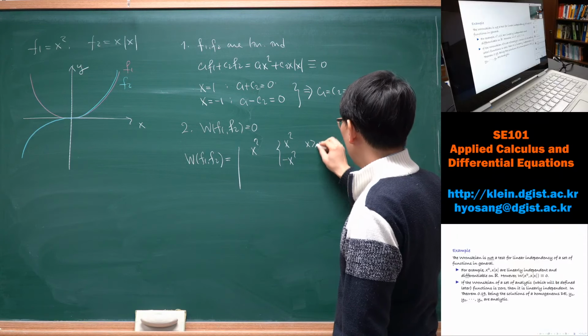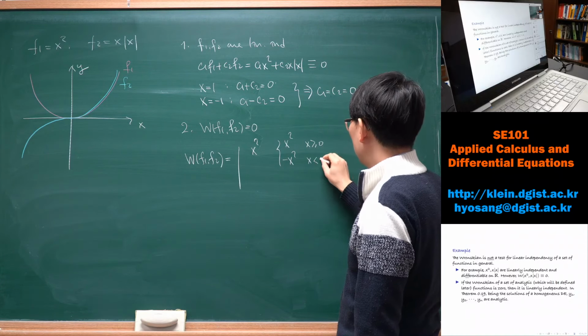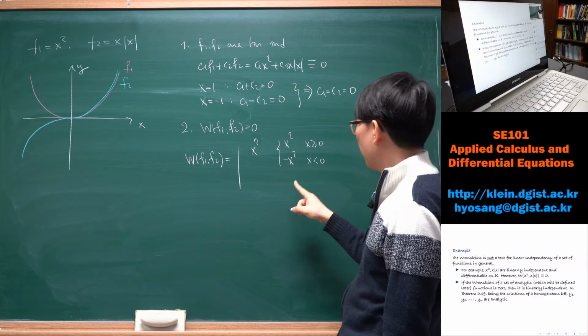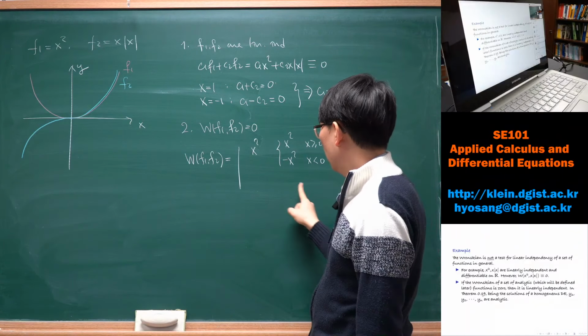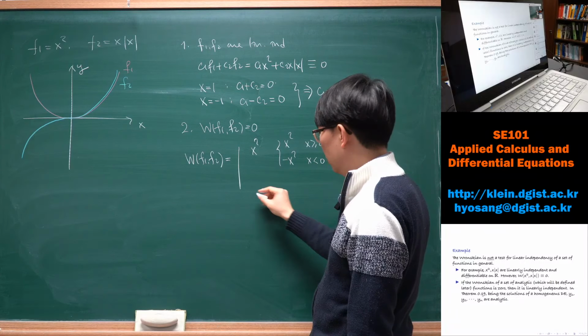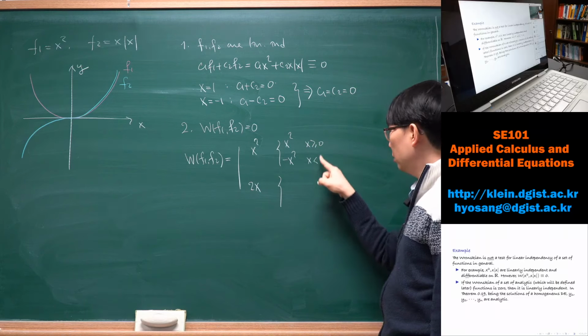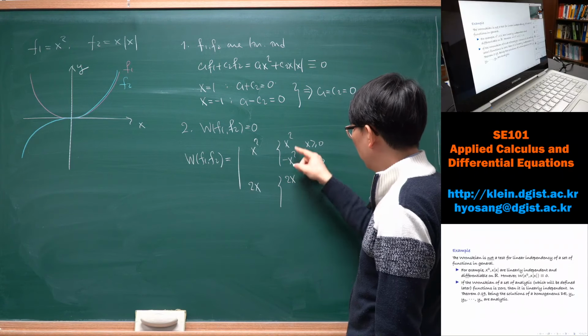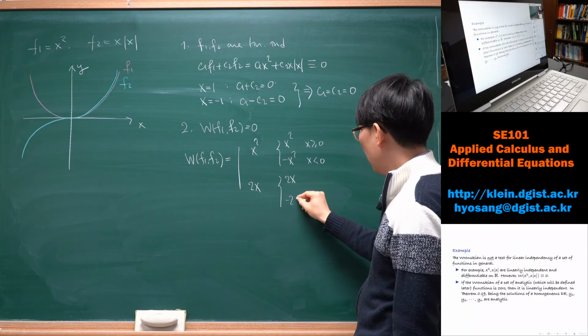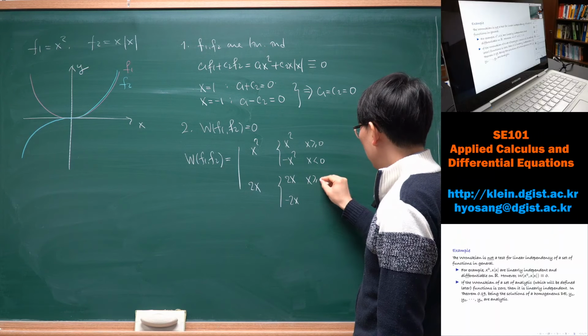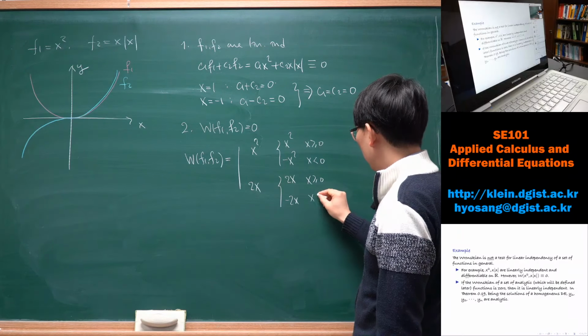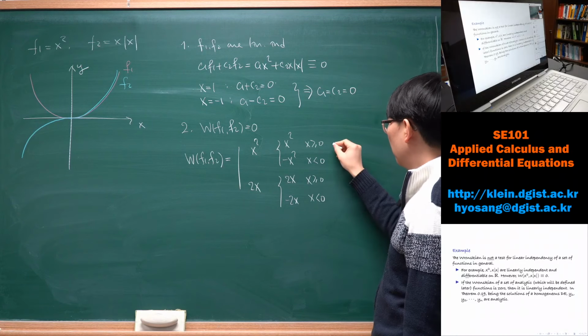So this is when x is bigger than or equal to 0, and this is when x is less than 0. And on the second row, we take the derivative. So here we have 2x, and in the two cases we have different derivatives: one is 2x and the other is minus 2x. This is x bigger than or equal to 0, and this is when x is less than 0.